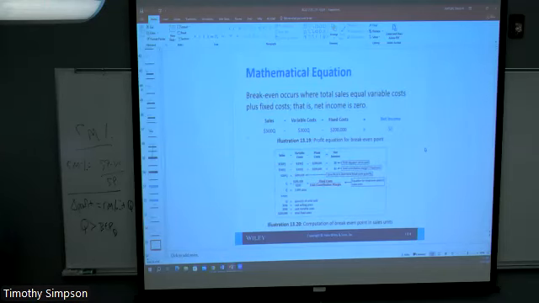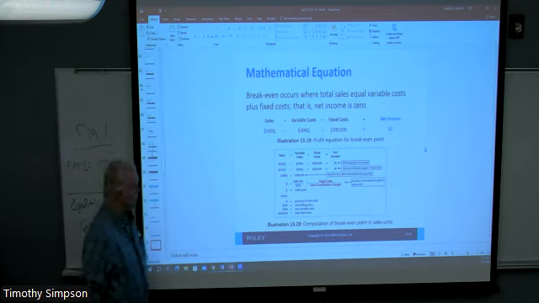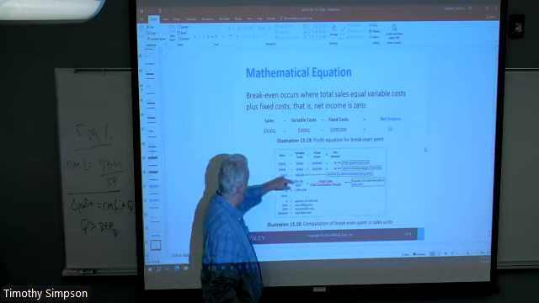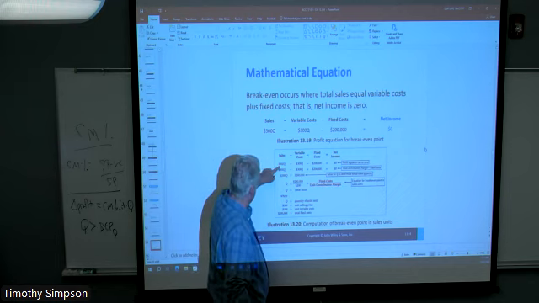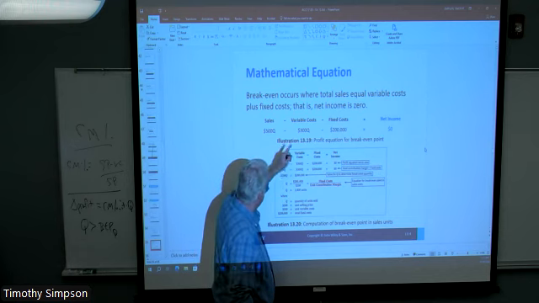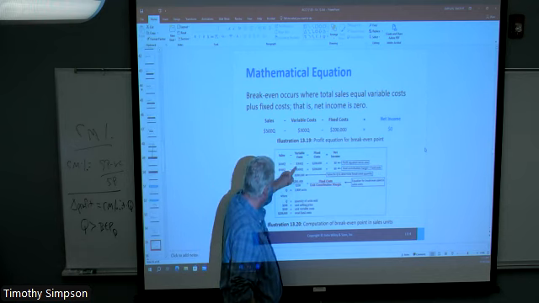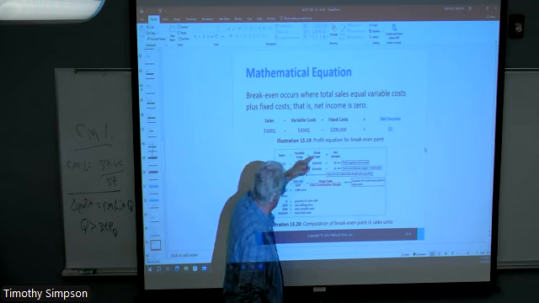So here is the example of the Vero, and it's the very same formulas that we used before, so nothing really new here. We have the sales formula, which I gave you earlier, 500Q, which is $500 per unit. Price times quantity is revenue, minus variable cost, $300 per unit times quantity, minus fixed cost.